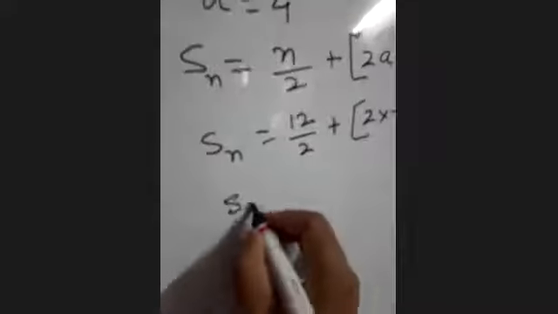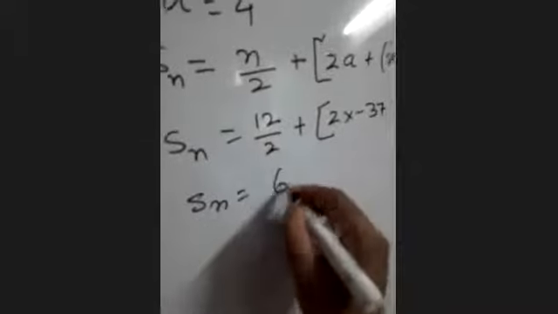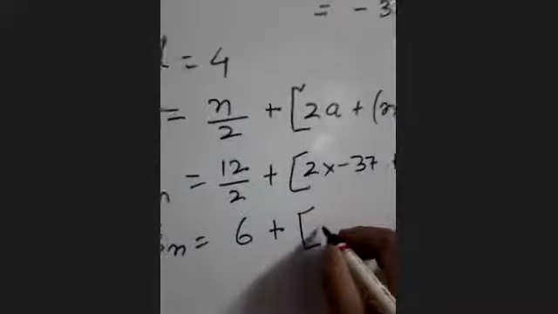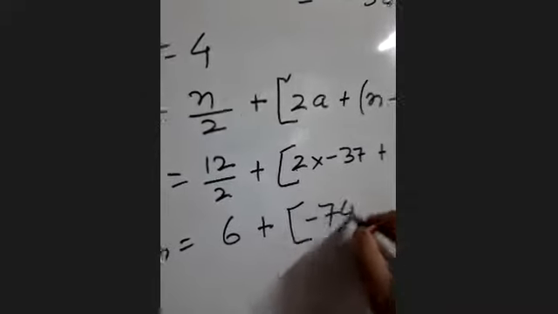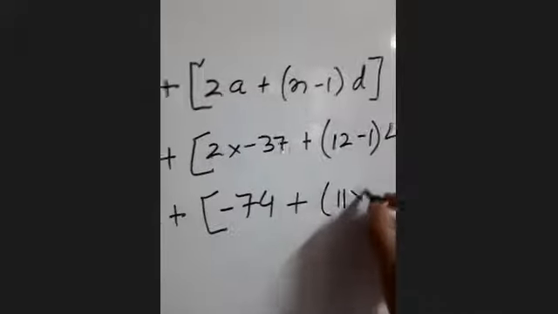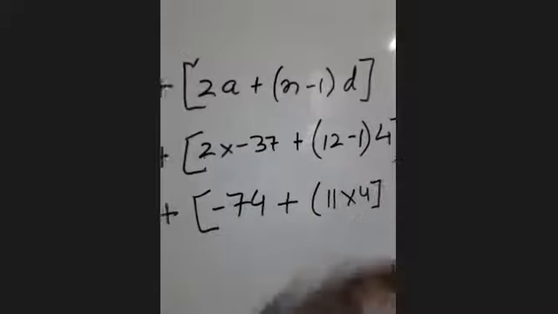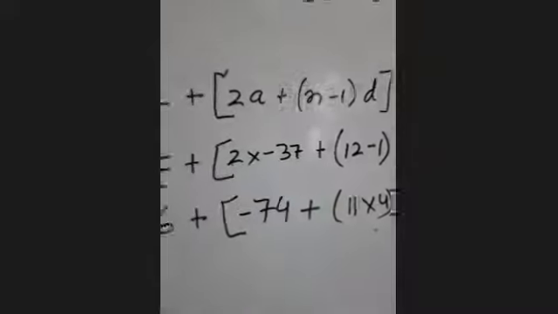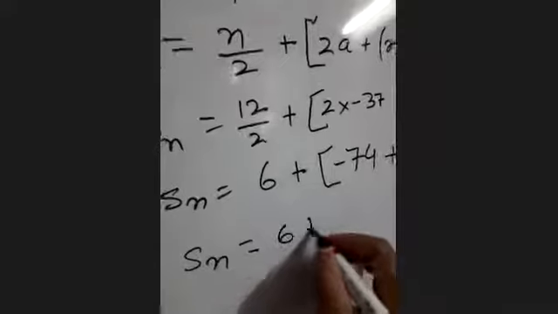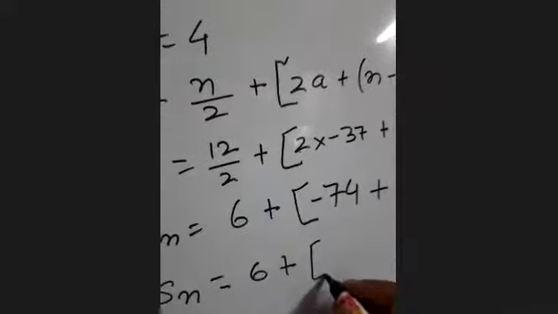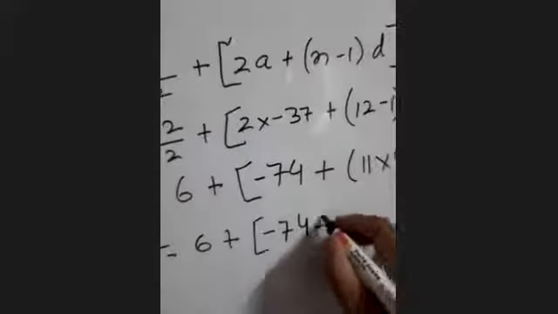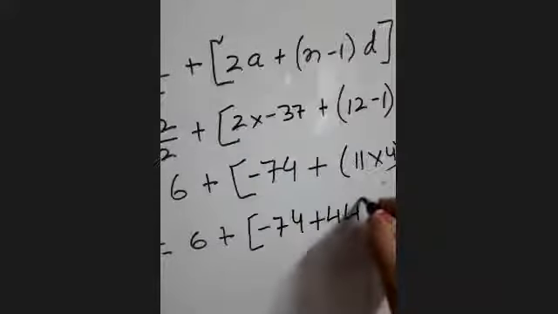So 12 upon 2 is 6, plus 2 into minus 37, that is minus 74, plus 11 multiplied into 4. Sn equals 6 plus, it is minus 74 and plus 44.